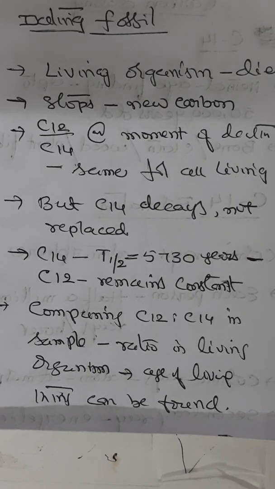But the carbon 14 decays and is not replaced. The carbon 14 decays with its half-life of around 5730 years, while the amount of carbon 12 remains constant in the sample. So by looking at the ratio of carbon 12 to carbon 14 in the sample and comparing it to the ratio in a living organism, it is possible to determine the age of a living thing.